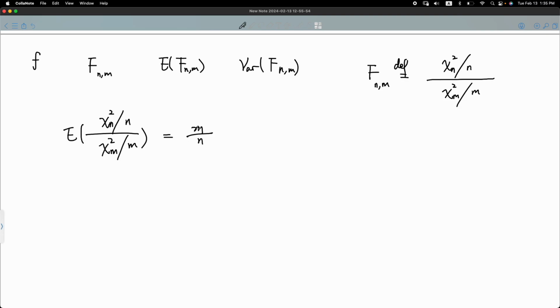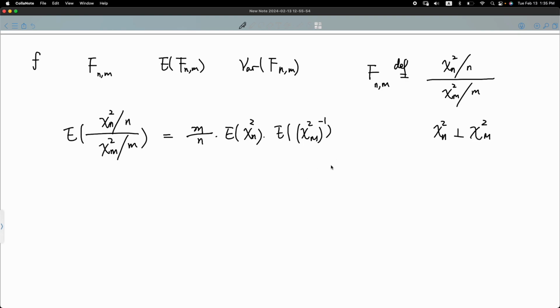So n over m, m over n, which is the m from the denominator over the n in the numerator. Also, these are independent, so we can write it as a product multiplied by the expectation of a chi-square raised to the power of -1.